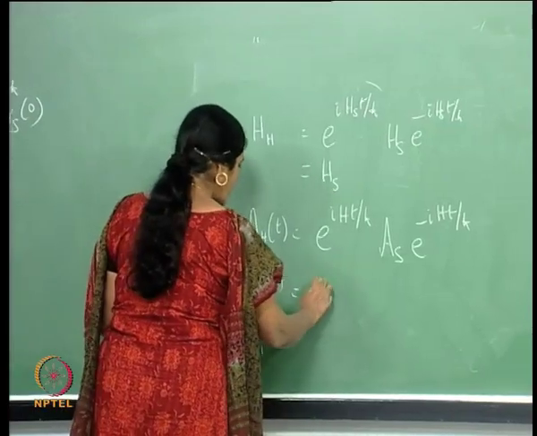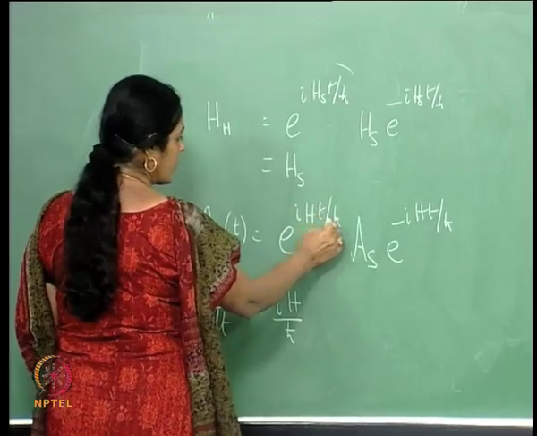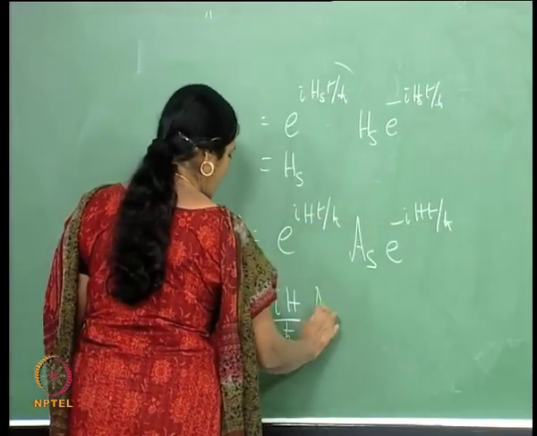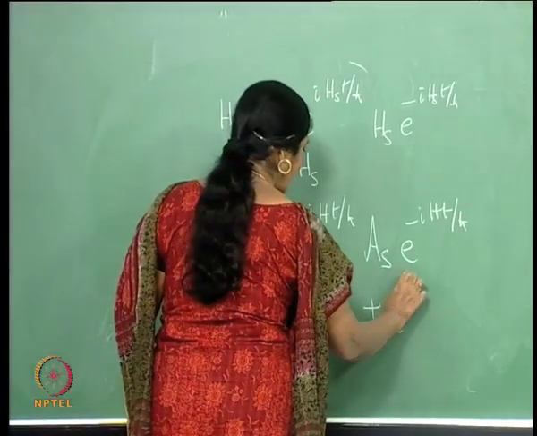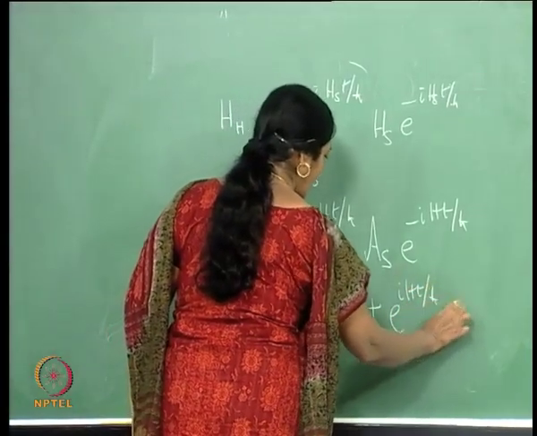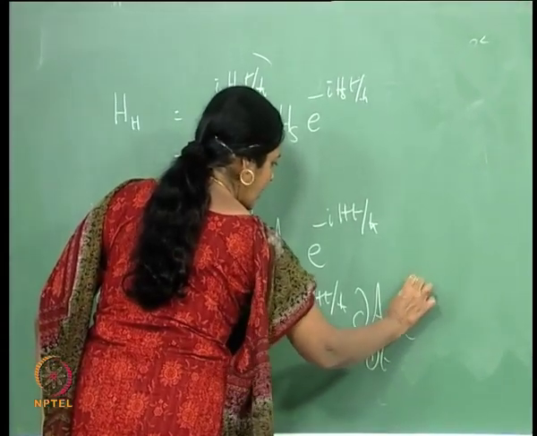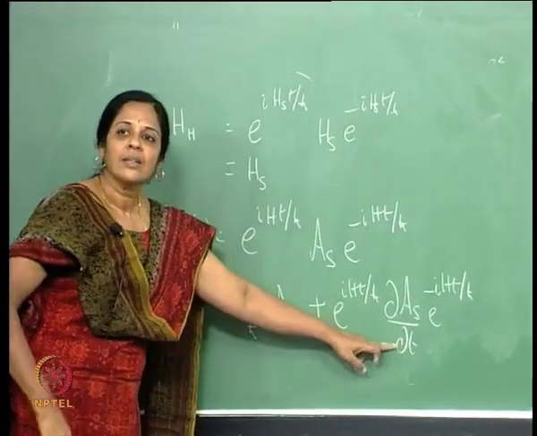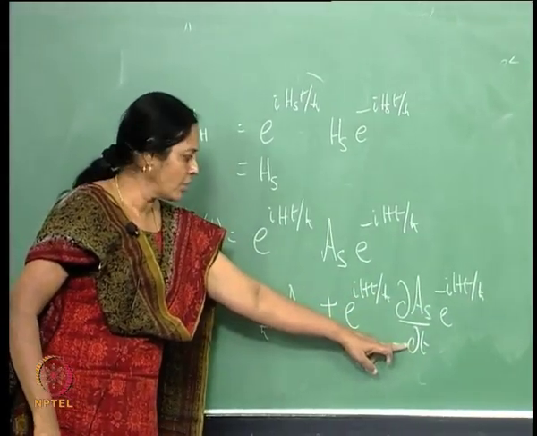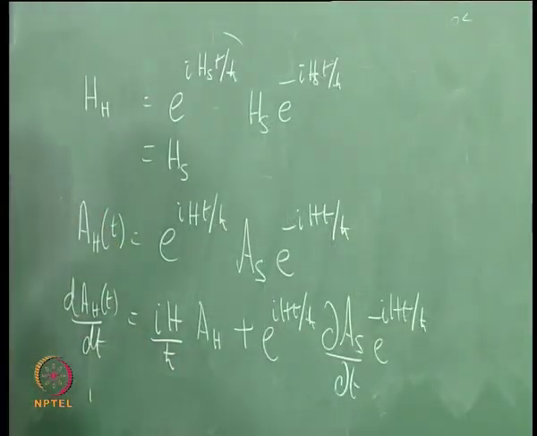So in the differentiation, I have an i H by h cross, e to the i H t by h cross A_S e to the minus i H t, which is A_H, plus e to the i H t by h cross, delta A_S by delta t, e to the minus i H t by h cross. This value is non-zero if A_S has explicit time dependence.